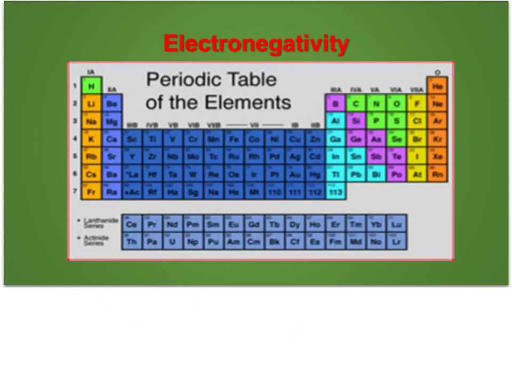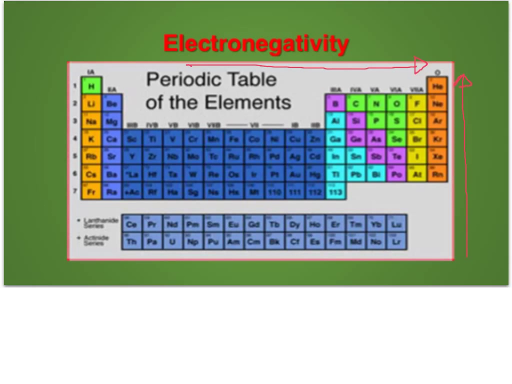Within a period, and we used lithium and fluorine as our examples, electronegativity increases as we go left to right, because we have an increase in the effective nuclear charge. Then we also said electronegativity decreases as we go down the group. So let's show the trends of increase.